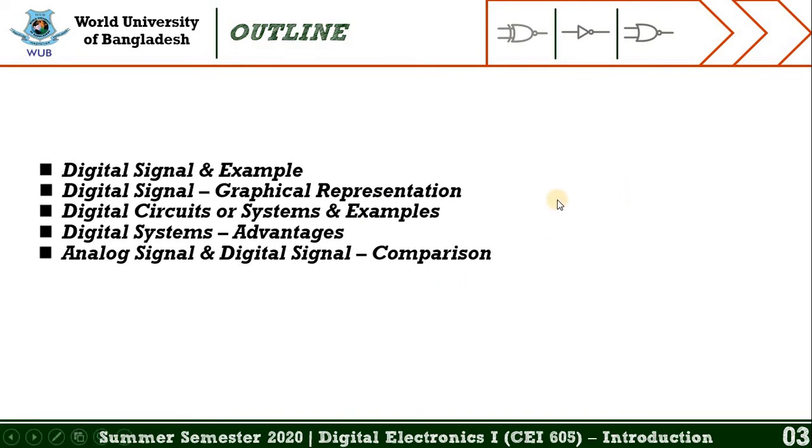From this slide, we get to know that we would like to learn plenty of things from this lecture, such as digital signals and examples, digital signals' graphical representation, digital circuits or digital systems along with examples, and so on. Let's move into the next slide.